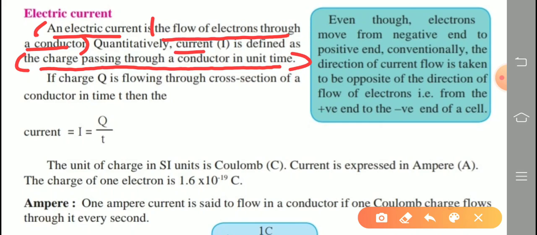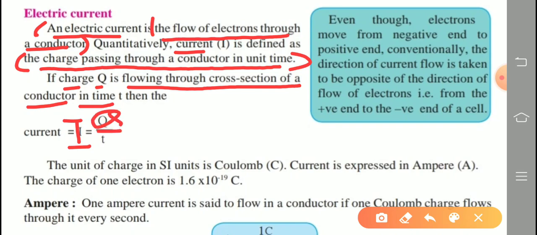Next, what is the formula of current? If a charge indicated by capital Q flows through the cross section of a conductor, cross section meaning whether the metallic wire or conductor is thick or thin, in time t, then current indicated by the symbol I is equal to electric charge divided by time t.